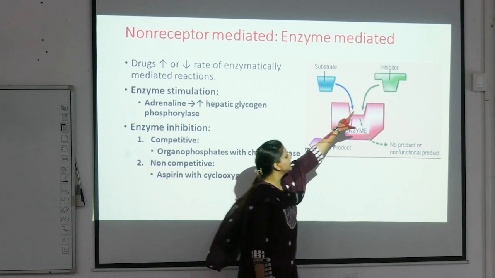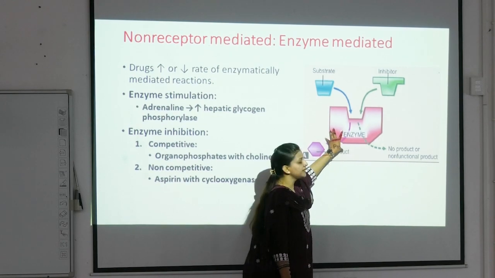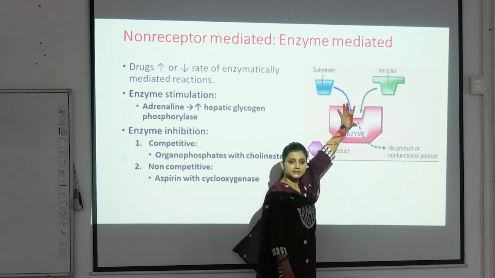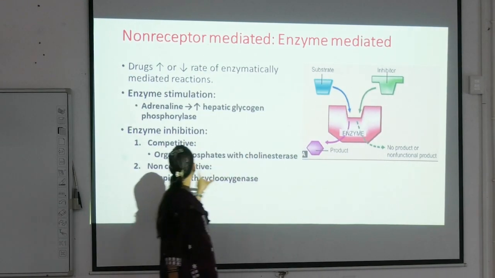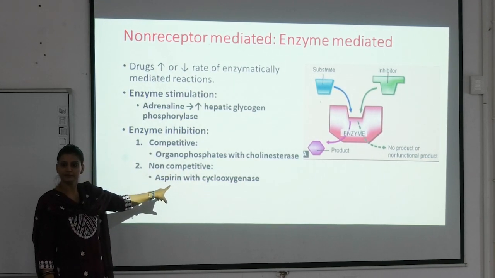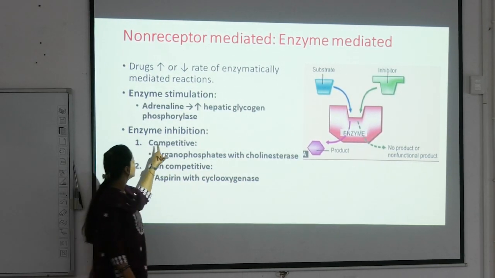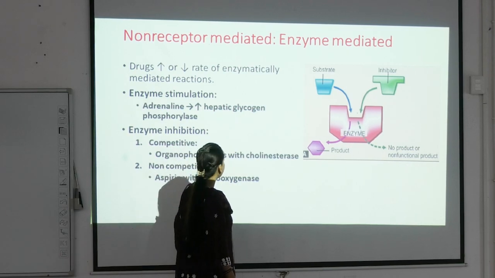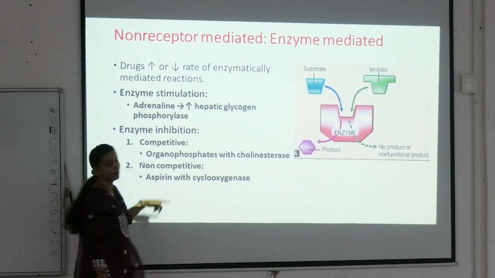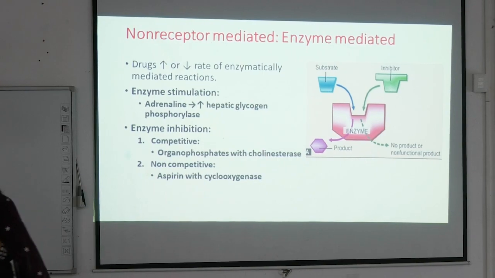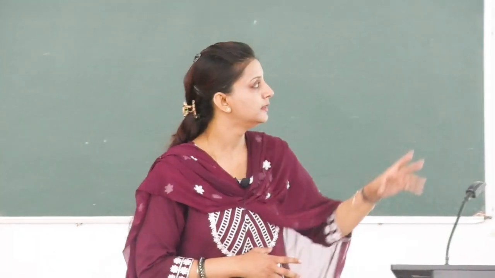But if this inhibitor is coming and binding to any site other than the substrate binding site, then that is non-competitive. Okay? Understood? Competitive, non-competitive. Now, competitive is again of two types.